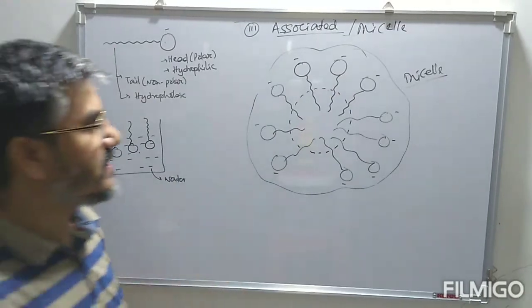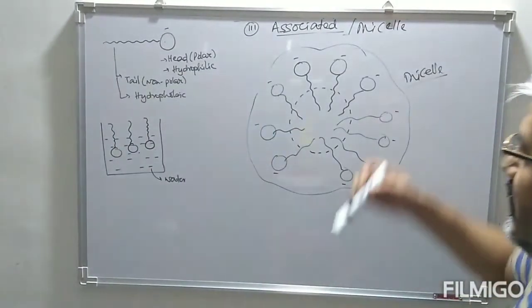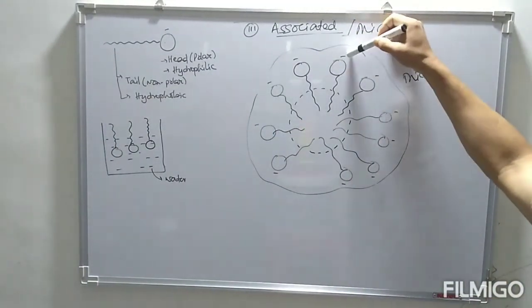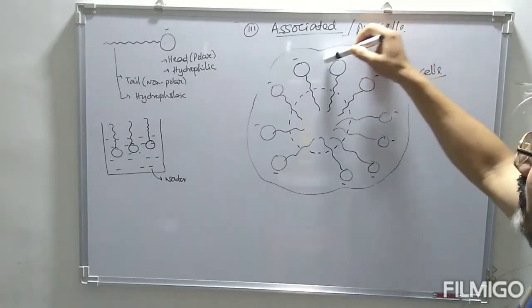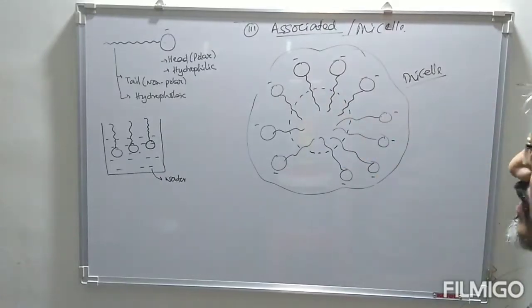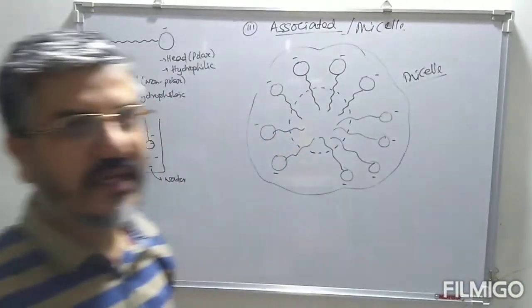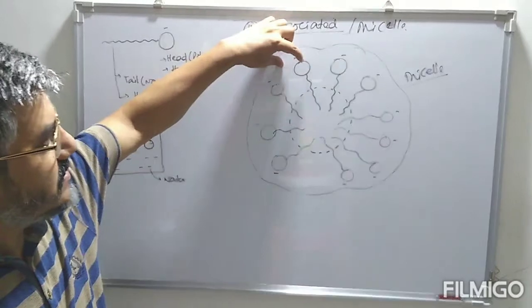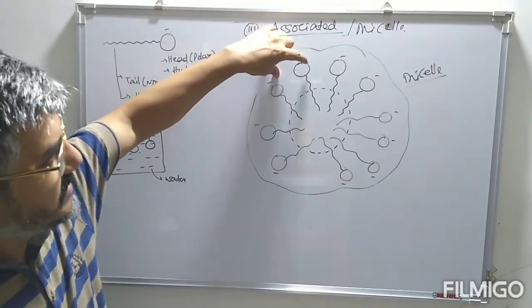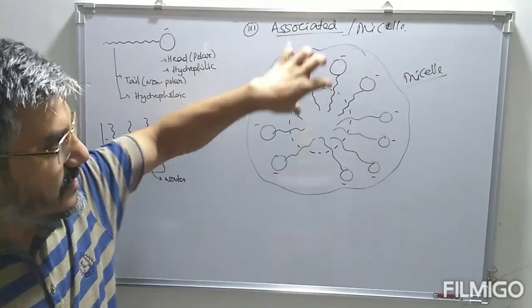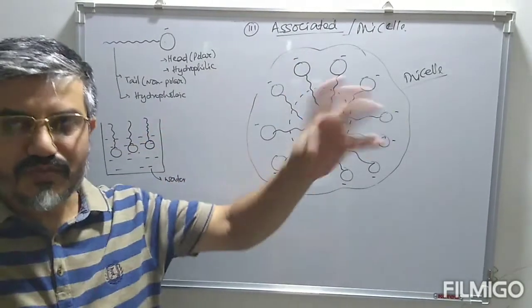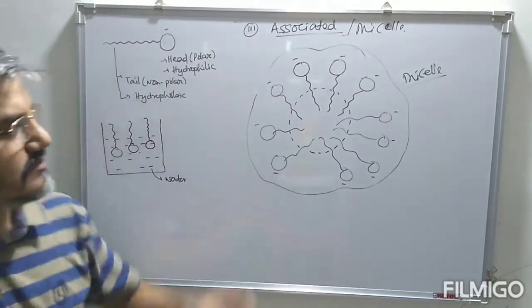Now if you look at this micelle formation, the heads are negatively charged. So there is an enormous repulsion between these negatively charged heads. As a result of this repulsion, the micelle breaks into smaller fragments. Why?